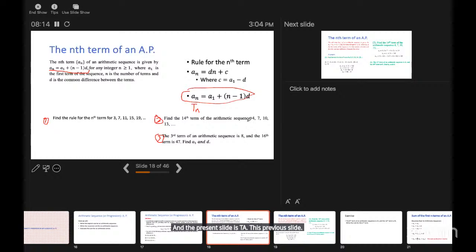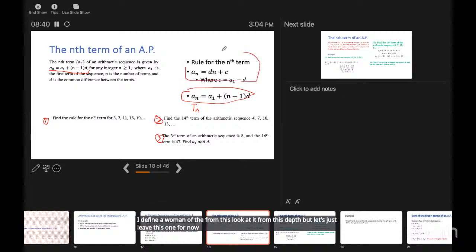Yes, that one, An is equal to Dn plus C. I didn't explain that part. Okay, I will come to that. Don't forget that I define C to be A1 minus D. Look at it from this definition, but let's just leave this one for now.